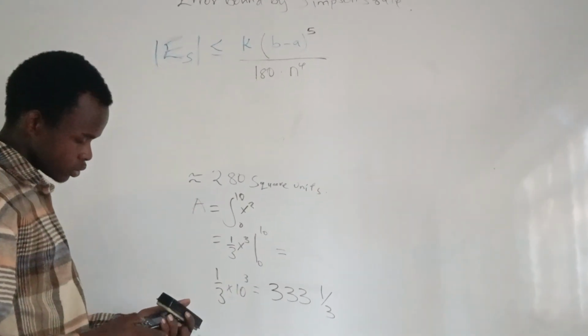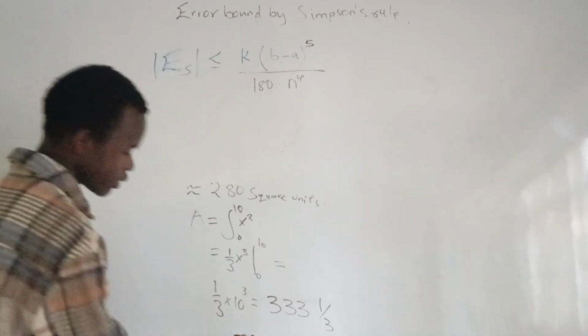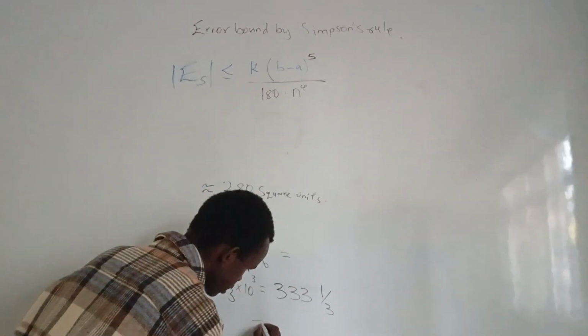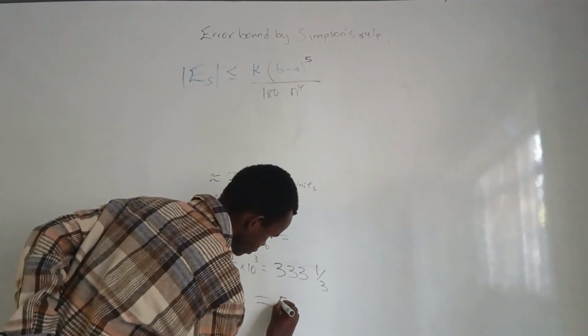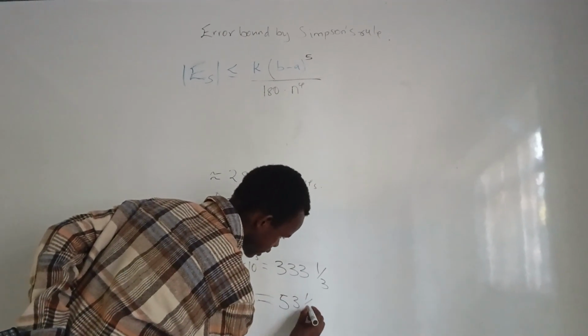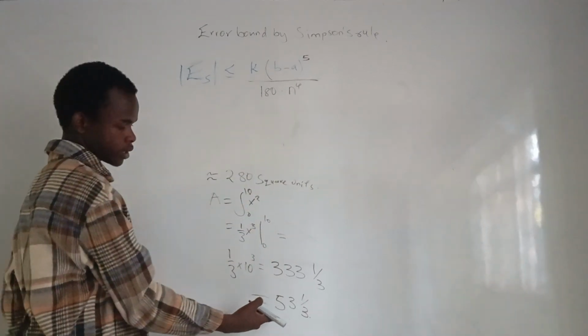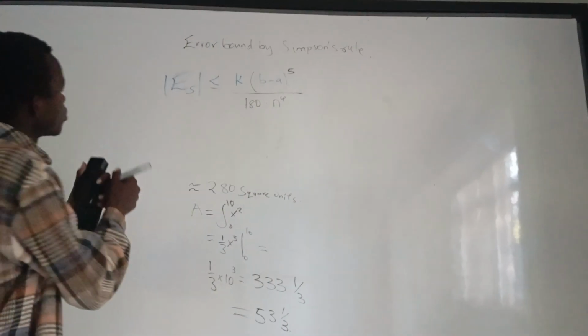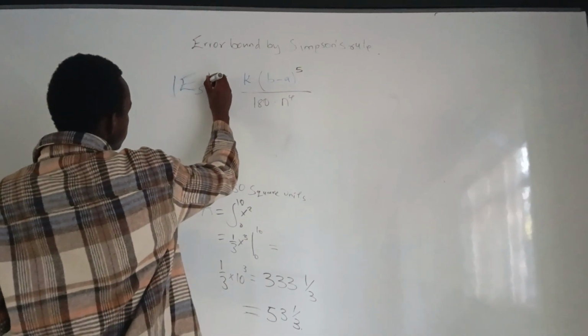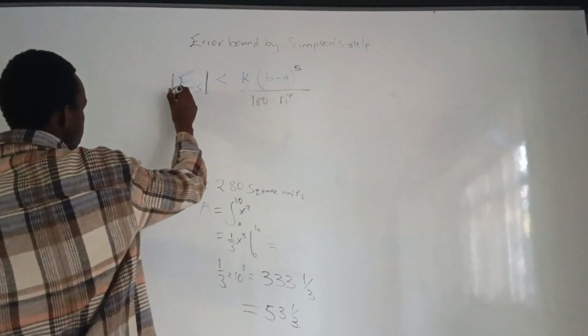The error that we have created is 53 and a third. This is the error we have created, and the bound is the maximum error that we will be allowed to create.